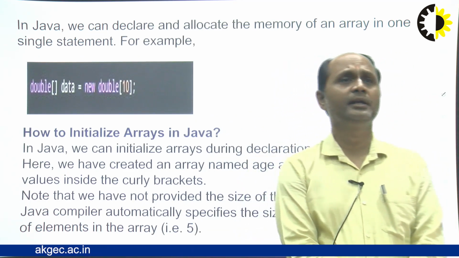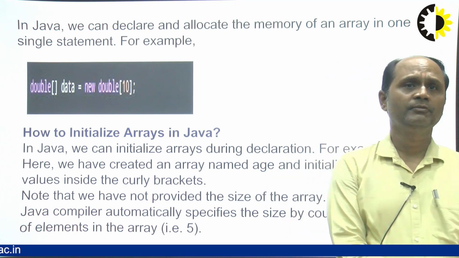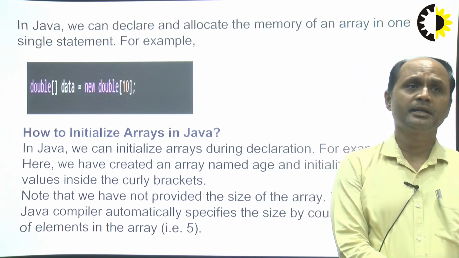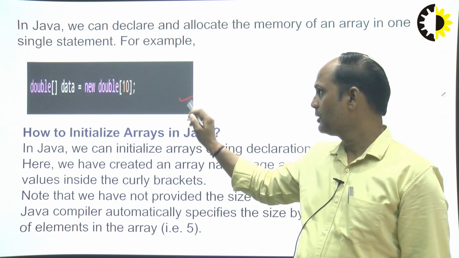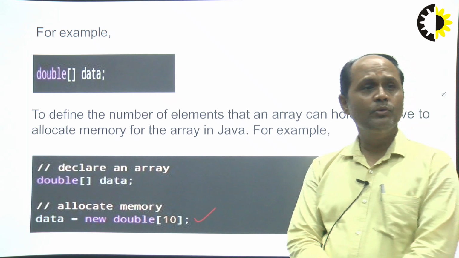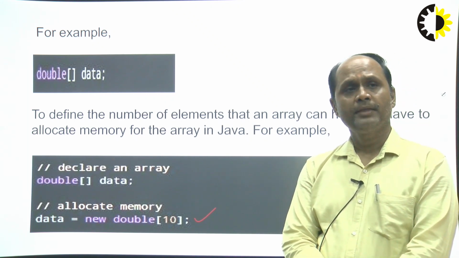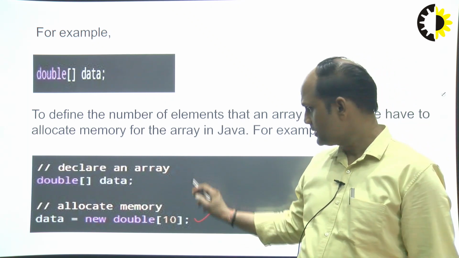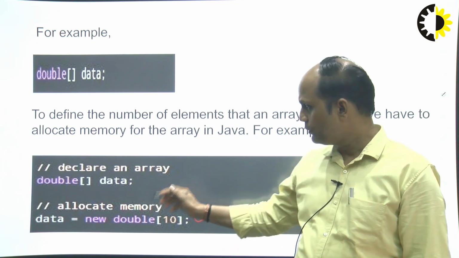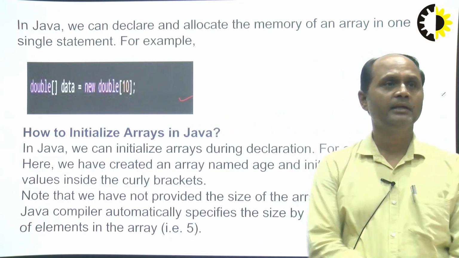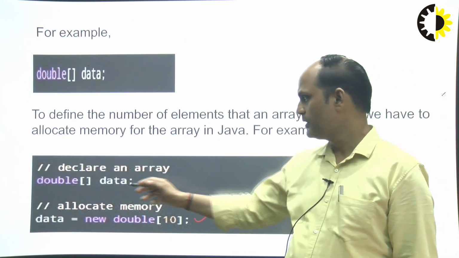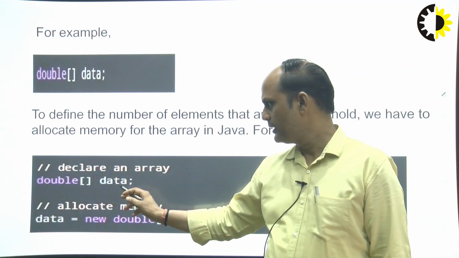In Java, we can declare and allocate the memory of an array in one single statement. We can use this type of statement because if we want to declare an array, then this is the syntax. We can also combine these two statements in a single line like this. Here we can use double, array and data.